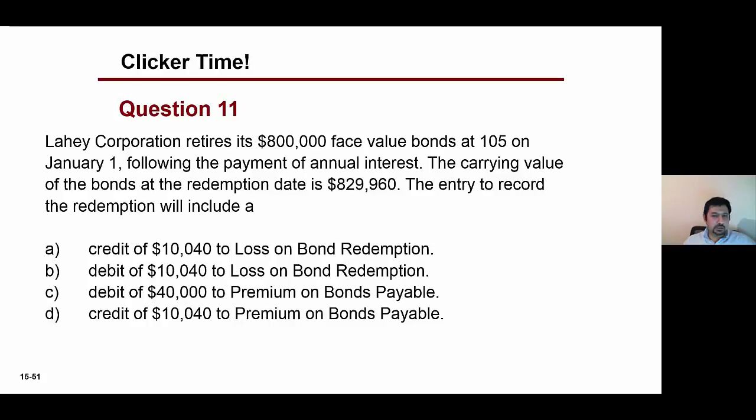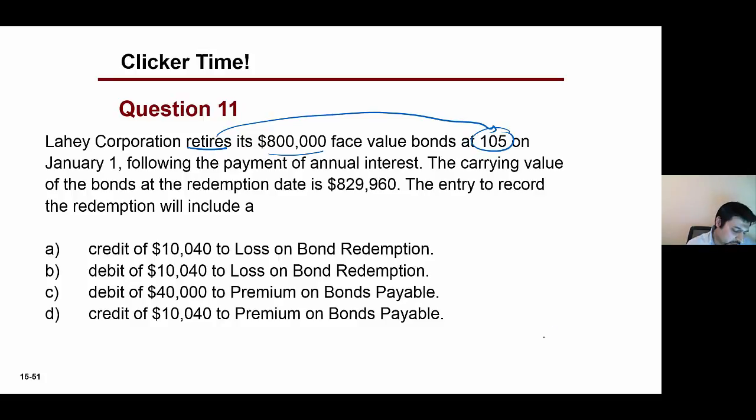entry. So in this case, the company is redeeming or it's retiring their bonds. So it means they are basically buying it back. The face value is 800,000, but they are retiring it at 105. So the price that the company will be paying, the cash that the company will be paying, will be 105 multiplied by 800,000.